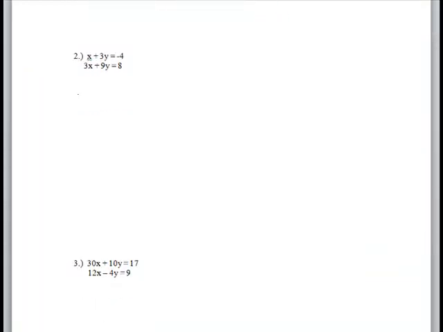Example 2, same thing. Determine if these lines are parallel, perpendicular, or neither one. Since they're both in standard form, we want to begin by putting them in slope-intercept form. The first one, subtract x from both sides, and divide everything by 3, so y is equal to -1/3 x minus 4/3.